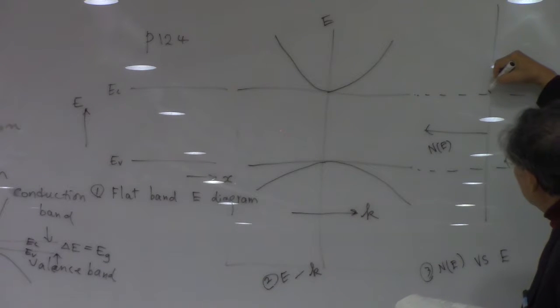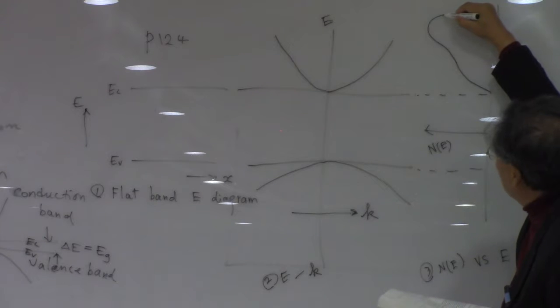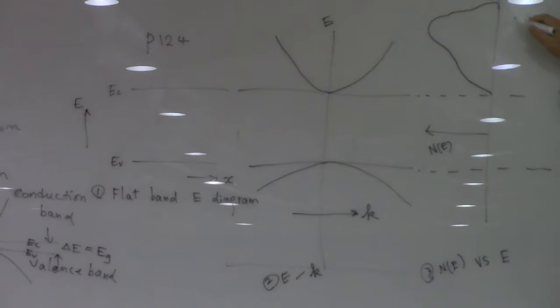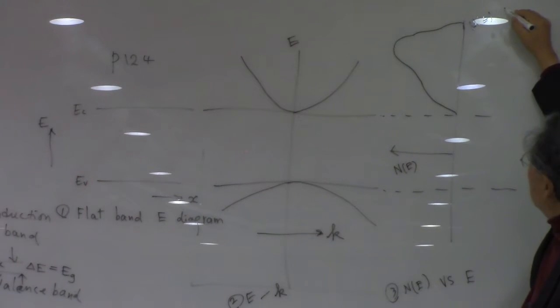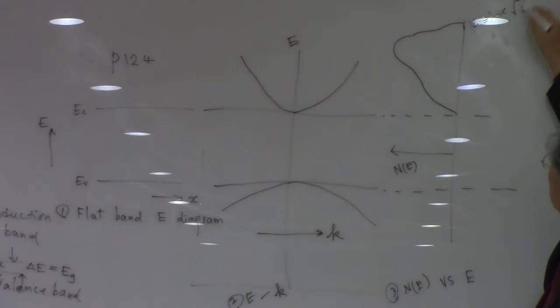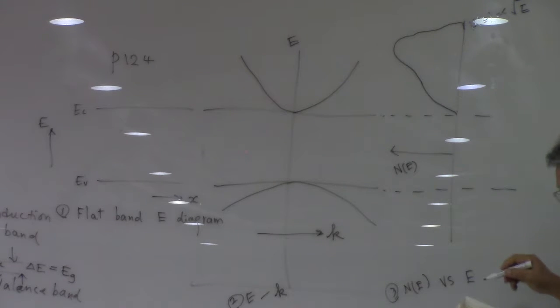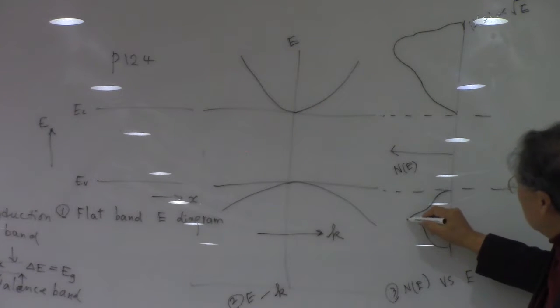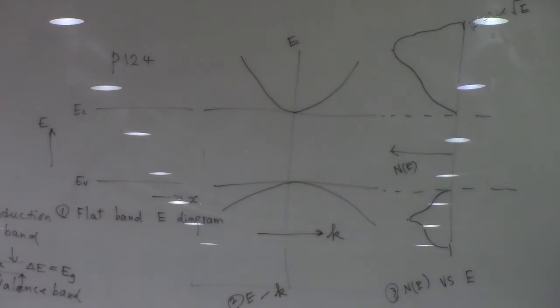And then that is going to be distorted, and then square root of E, and the density is proportional to square root of E at both end edges, something like that. So at the center of each band it is going to be distorted. It's away from the free electron model. And this is somewhat like available energy density versus E.